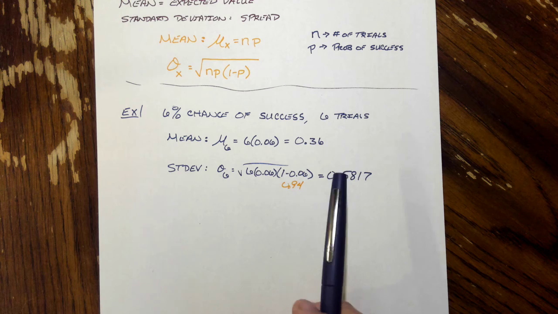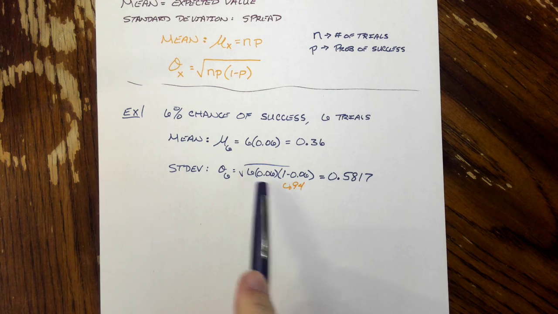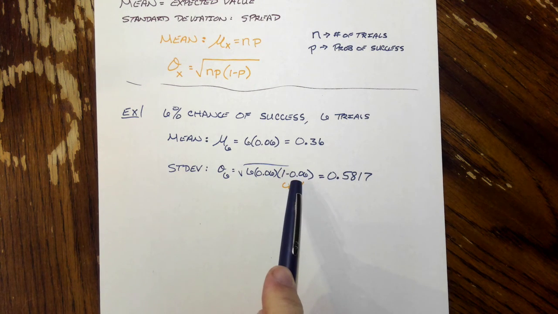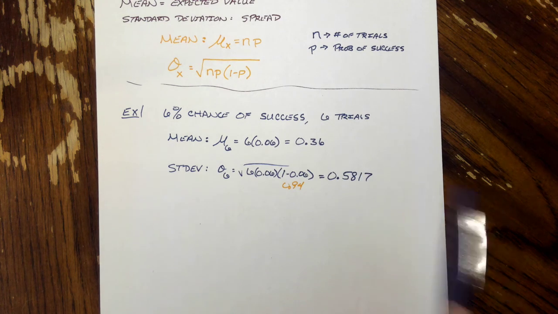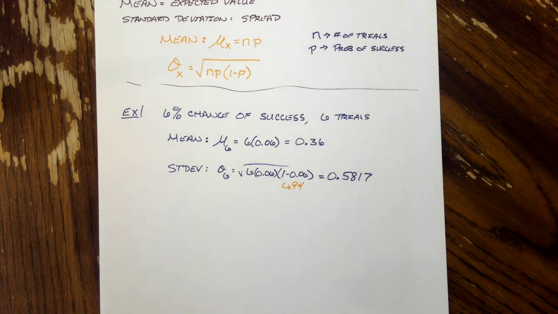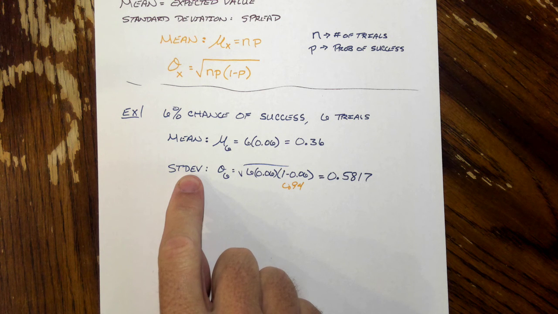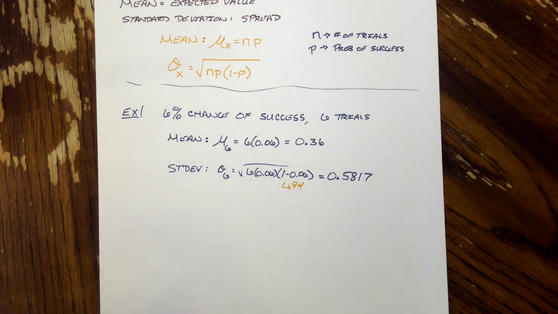Standard deviation, then the spread with all of our data, still using the same thing. 0.94 would be the complement that was calculated, and we get 0.5817, so that means the distance between our data points. So just figure out standard deviation when needed and figure out the mean.